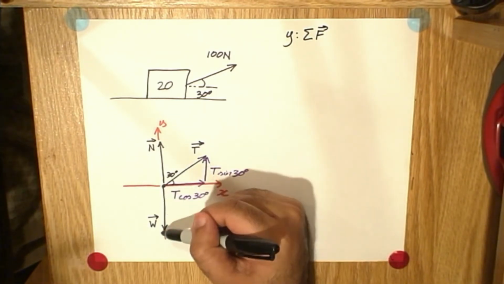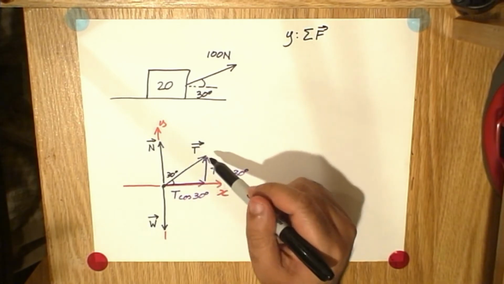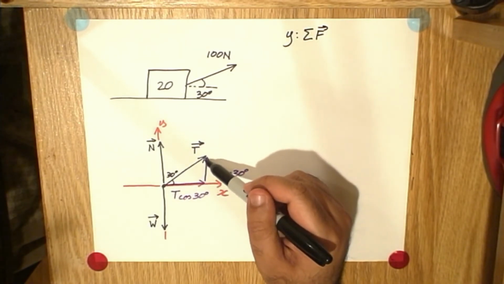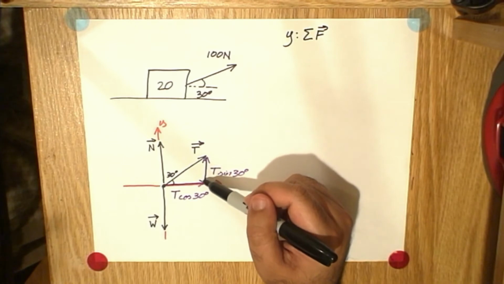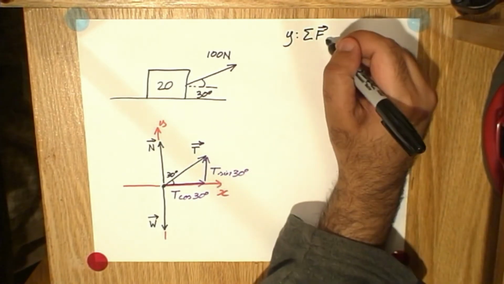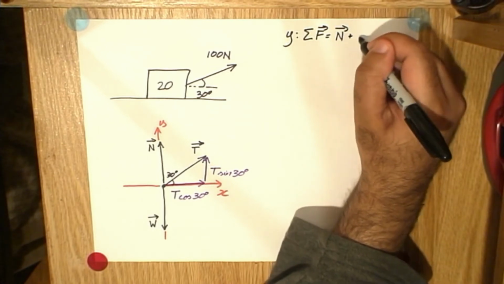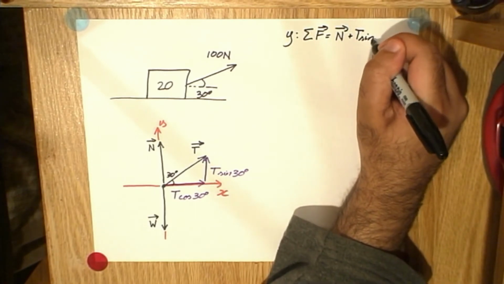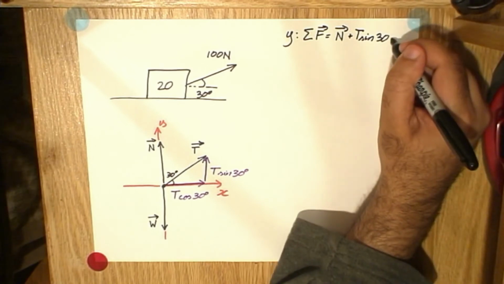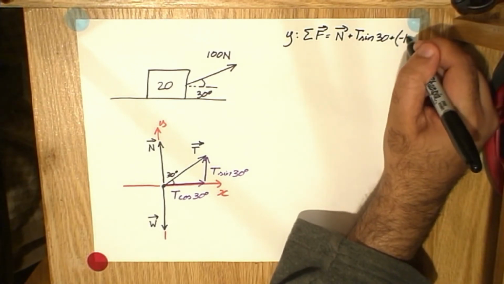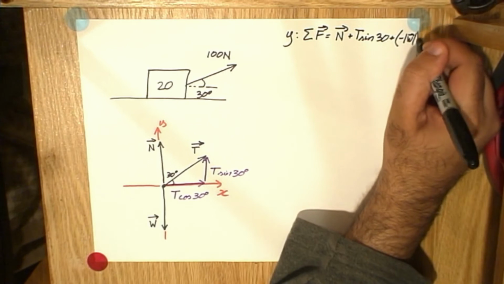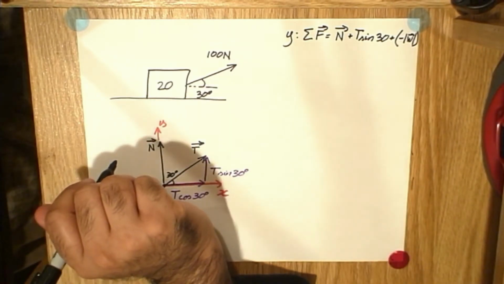There's the weight pointing down and there's the normal pointing up, but look at this. Tension now also has a component pointing up. So the total force here in y now becomes normal plus tension sine 30 degrees plus the negative weight, which is the same thing as subtracting the weight.